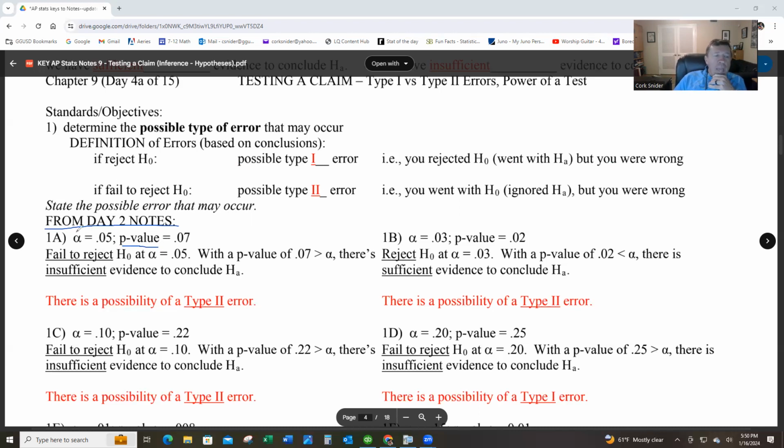The alpha level is how much proof you need. Alpha levels are set by humans, and the common alpha levels are 0.01 and 0.05, although they can be anything. If something is very serious and you want to make sure you get a lot of proof before you reject H0, you want to lower alpha.